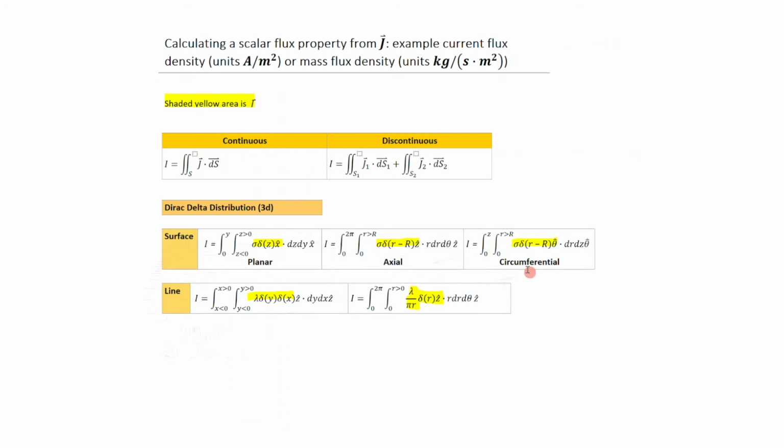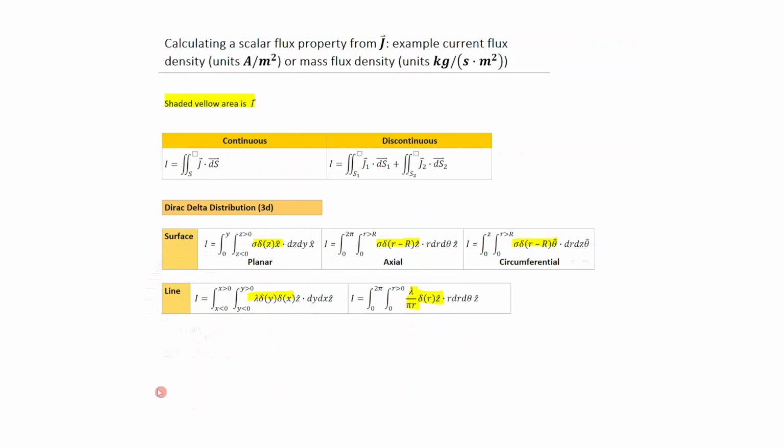And lastly, if it's in a circumferential direction, then this current is in the theta-hat direction in cylindrical coordinates. So we want to choose a surface area which is oriented in the same direction as the current flux density, which would mean theta-hat, in which case the differential surface area magnitude is dr dz.